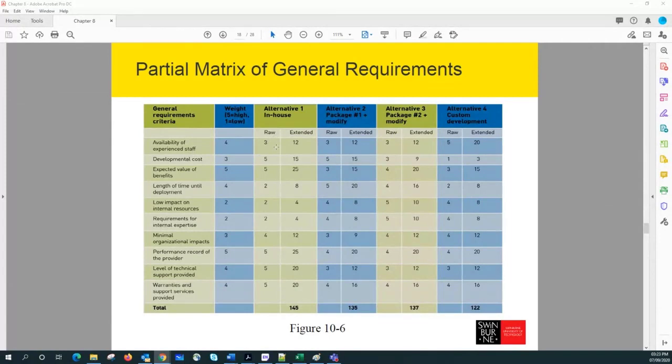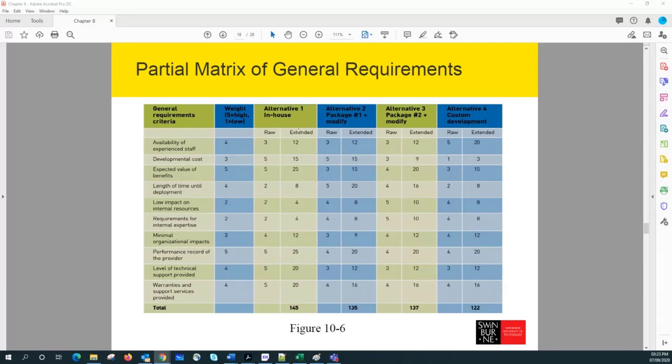In-house we don't have much, so they gave 3 for that criterion. But with custom development, we can access more specialized staff from other companies. So they gave a 5 for availability of experienced staff. Likewise, for each general requirement, I can have a rating for each alternative, right?